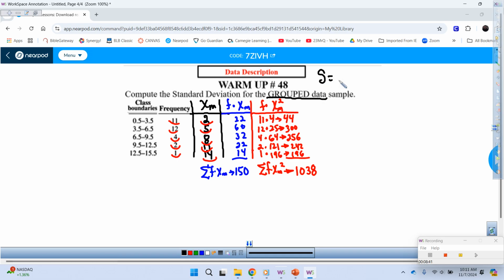S equals N times the sum of frequency times X midpoint squared, minus the sum of frequency times the midpoint, with a squared outside. Okay. And then?